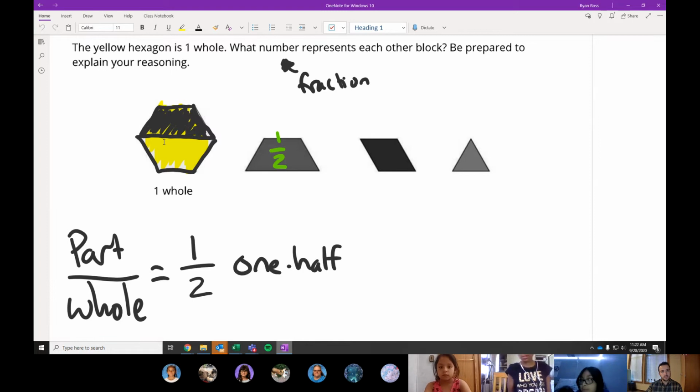Does that make sense? Since it takes 2 trapezoids to make the whole hexagon, 1 divided by 2, or 1 over 2, 1/2 is what this piece would be represented as. So a trapezoid is 1/2 the area of a hexagon. What about this parallelogram, this little rhombus looking shape here, diamond shape?